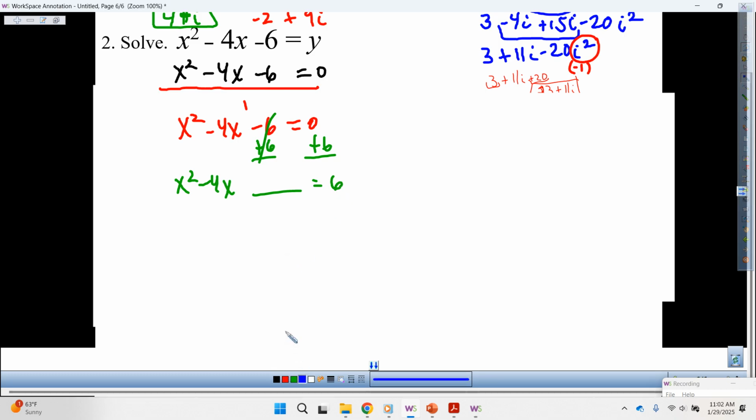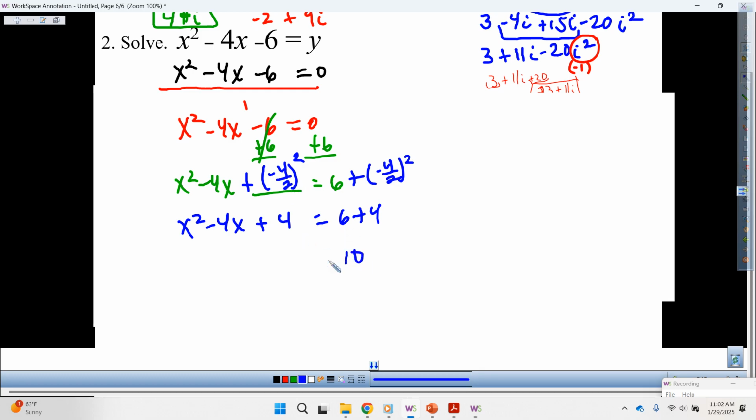Continue, Joseph. Negative 4 divided by 2 squared. Yes, to both sides. So that is x squared minus 4x plus 4 equals 6 plus 4. Is that correct? Yeah. This becomes a 10.